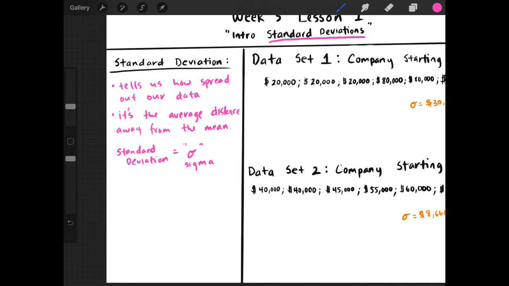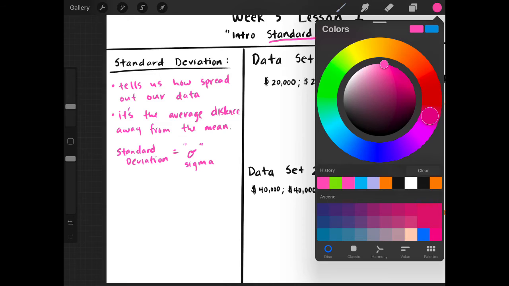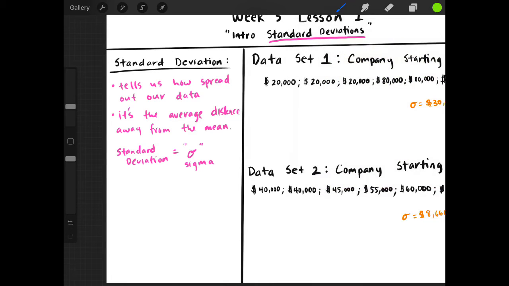The second thing that I'm going to add in here, because we're looking at the average distance away from the mean, is our symbol that we're going to use for mean. So I'm going to come over here and say mean, or average. We know how to find an average.